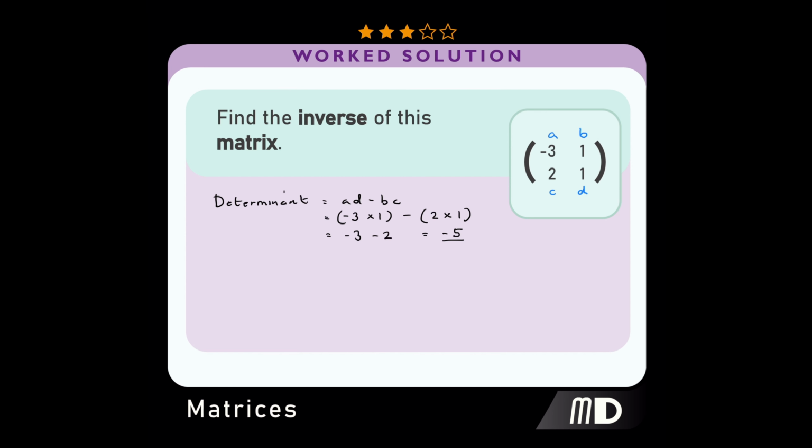Confirming that this matrix has an inverse, minus 5 is not equal to 0. Therefore, an inverse exists.